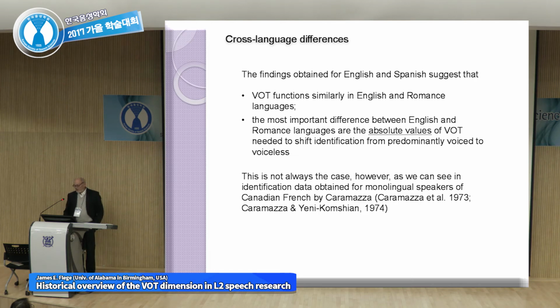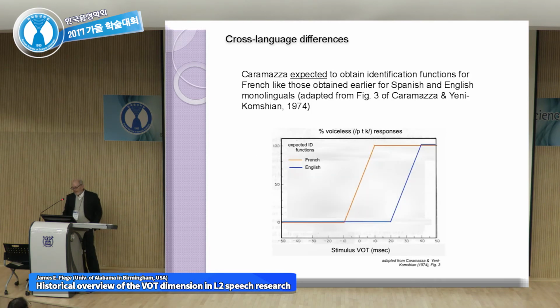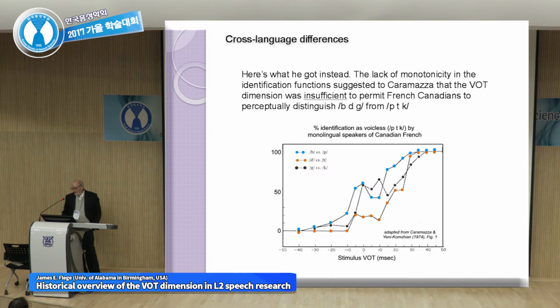But this is not always the case, as we can see in data obtained from monolingual speakers of Canadian French by Karamazov. He expected to obtain identification functions for French just like those obtained earlier for Spanish and English monolinguals. What he got instead was quite different, was really messy.